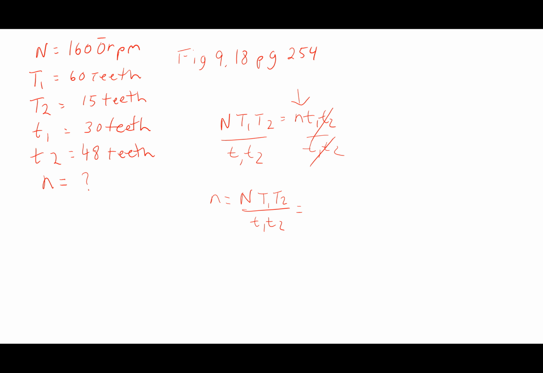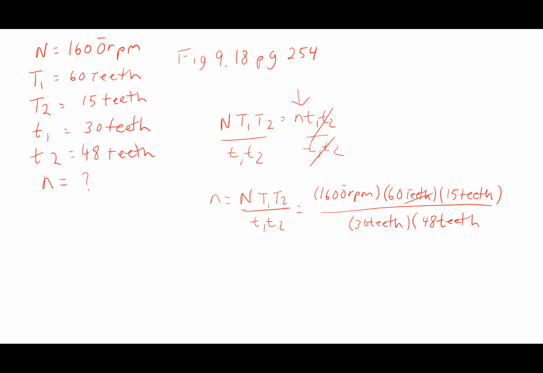So we plug it in. Capital N is 1600 RPMs times big T1, 60 teeth, times big T2, 15 teeth, all divided by little t1, 30 teeth, times little t2, 48 teeth.